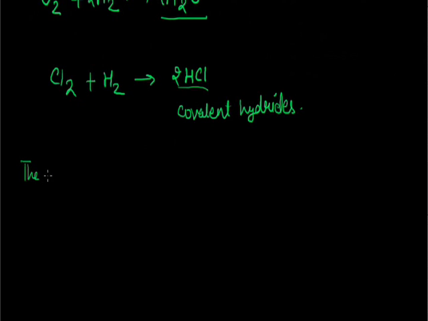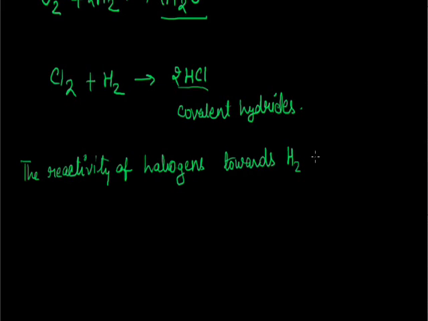The reactivity of the halogens towards the hydrogen gas, in decreasing order, is fluorine, then chlorine, then bromine, and then iodine.